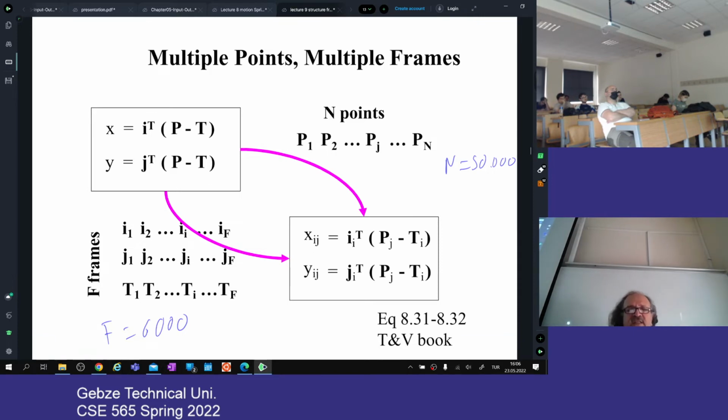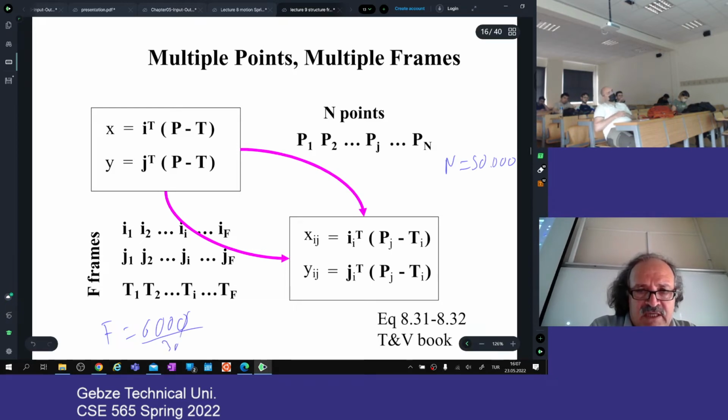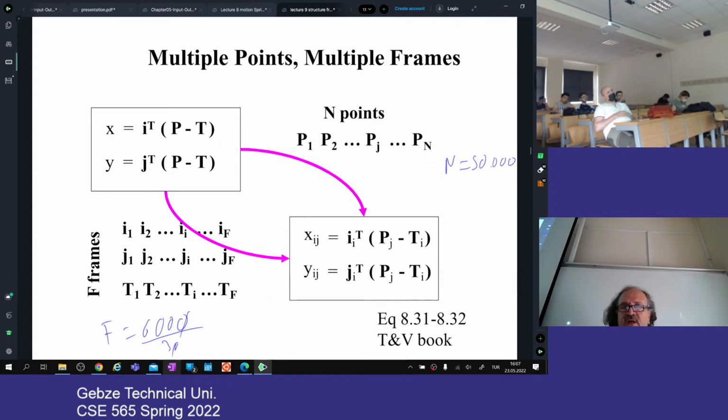Usually n is much greater than f, and this is a very big f. 6,000 frames at 30 frames per second, divided by 30, means 200 seconds of video. That guy had much longer than that. Maybe he took 10 minutes of video and selected some of the frames very carefully.